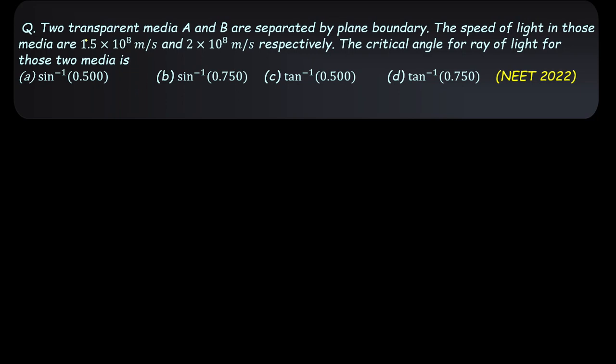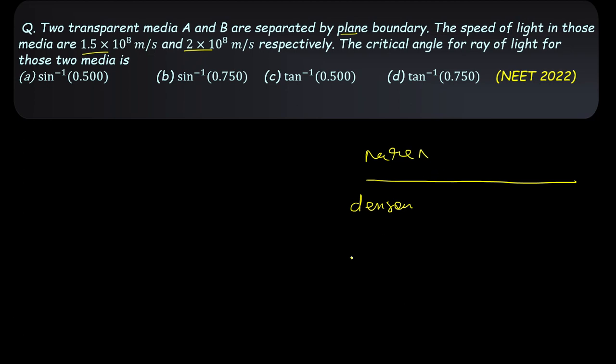Okay. So here in this question, there are two transparent media, A and B, separated by a plane boundary. The speeds of light in the media are given as 1.5 into 10 power 8 and 2 into 10 power 8 meter per second respectively. And we have to find the critical angle for the ray of light. Again, the ray of light travels from denser medium to rarer medium, total internal reflection.